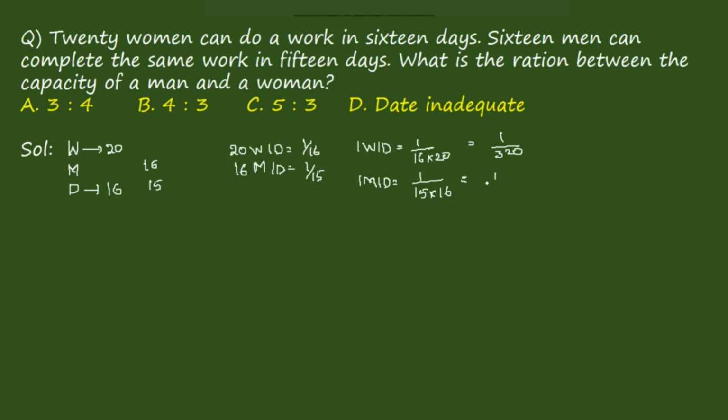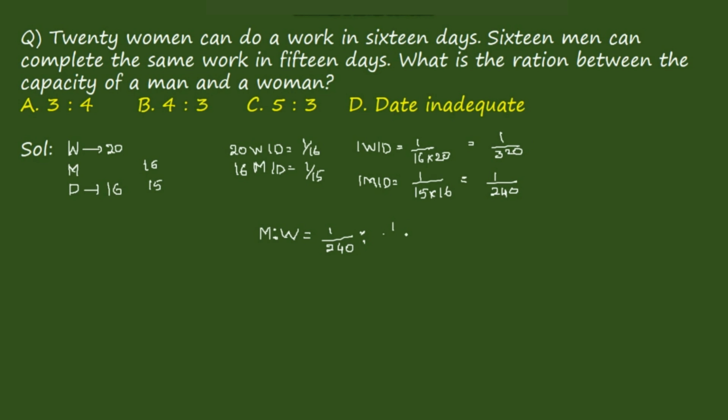And here it is equal to 1 by 240. Now it is asking for the ratio between capacity of men and women. Now men is to women. What's the men's capacity? 1 by 240 is to the women's capacity, 1 by 320, 1 day work of 1 woman.